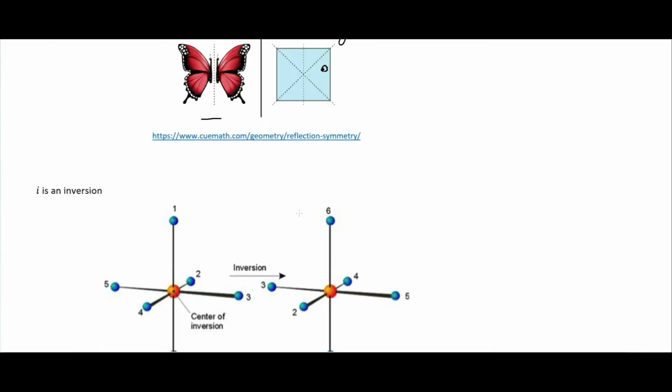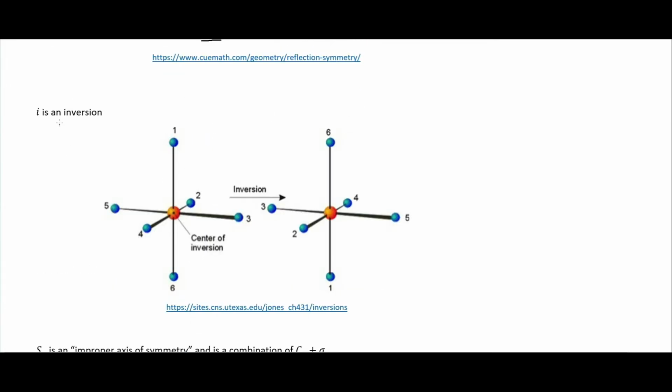Then there is an inversion here, which is something in 3 dimensions, where we take this 1 and the 6, those trade places, the 2 and 4 trade places, and the 3 and 5 here trade places. So all of them trade places all at once.